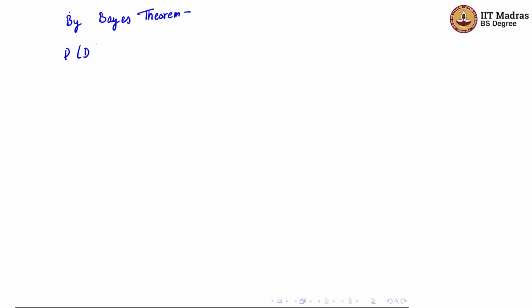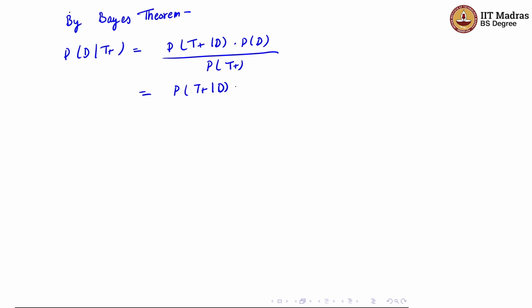Now from the Bayes theorem we can write that the probability of D given T plus will be equal to the probability of T plus given D into the probability of D, divided by the probability of T plus. Now by using the law of total probability, we can write that the probability of T plus will be equal to the probability of T plus given D into the probability of D, plus the probability of T plus given ND into the probability of ND.